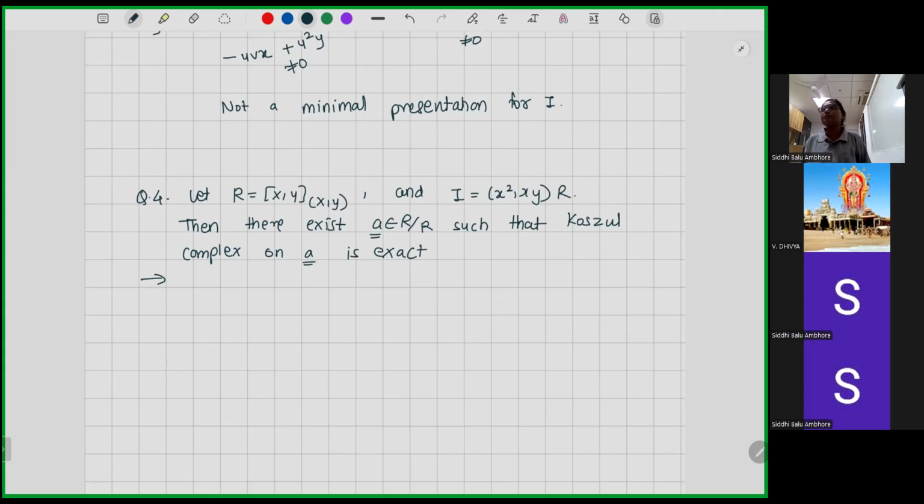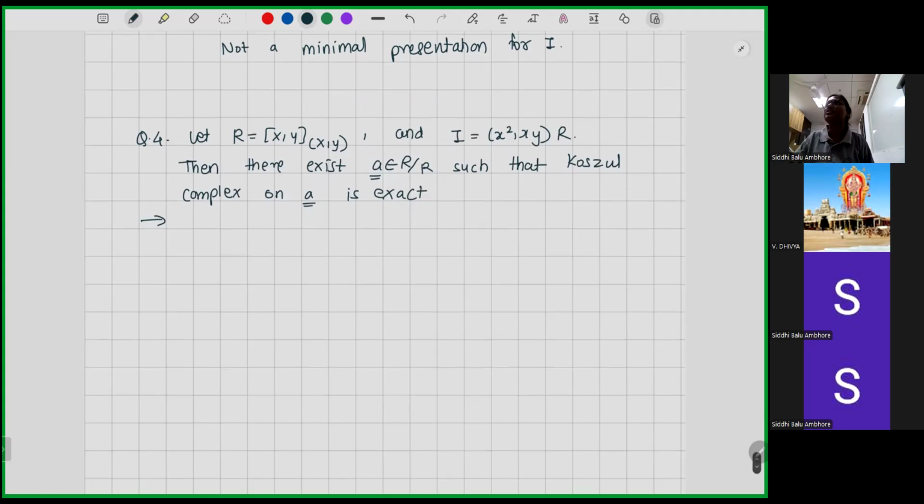What does this imply? Koszul complex on a single element is just the map by multiplication by A. So K(A) is R going to R, multiplication by A. If I want to say that this is exact, I want to check whether this map is injective or not.